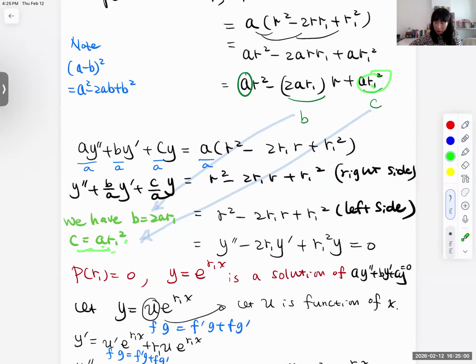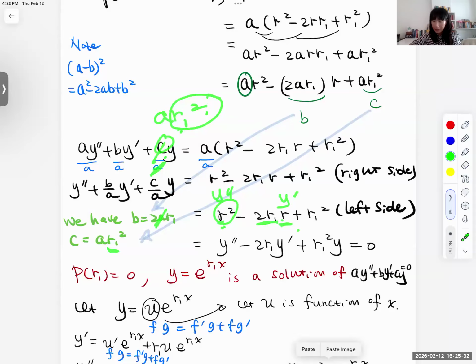On the left side, the a's cancel out, so we have 2 r sub 1 r, and r squared, and r sub 1 squared. Make sense? So the right side is the same as the left side.